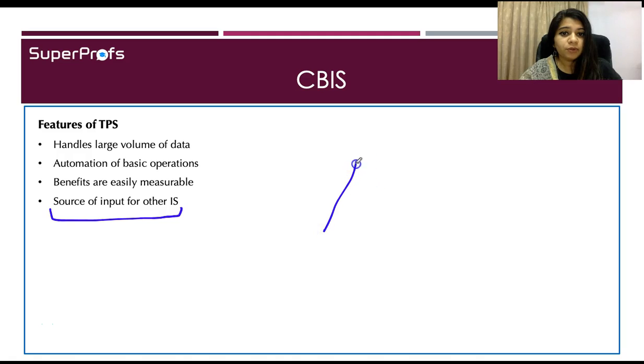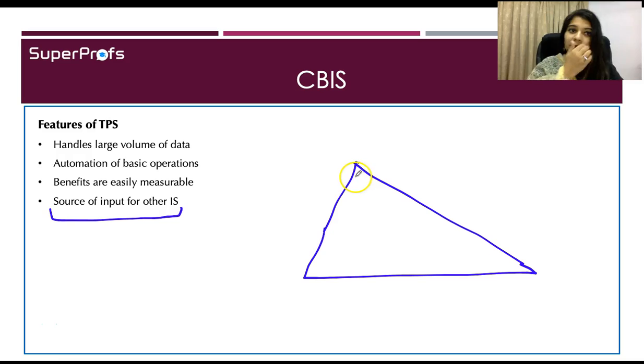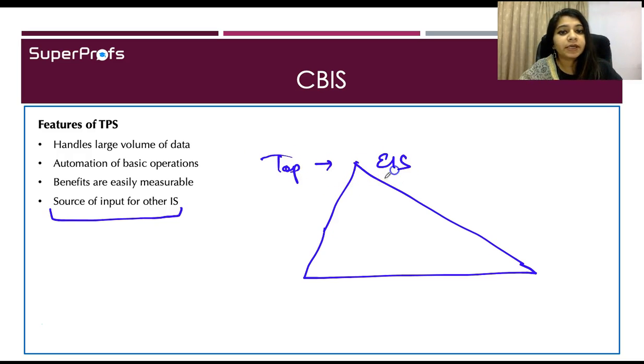Now we know that in an organization there are different levels. The first one is your top level, which utilizes EIS. Then you have the middle level, which utilizes your MIS and DSS.